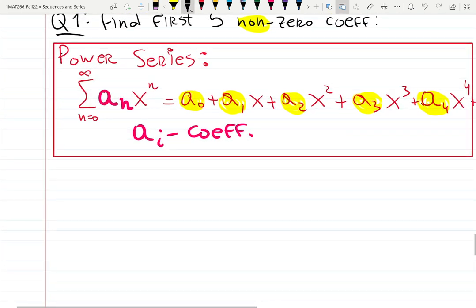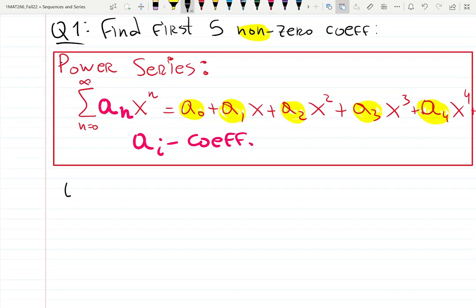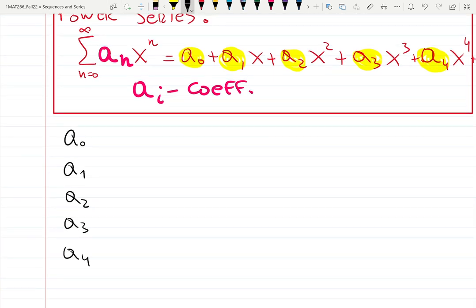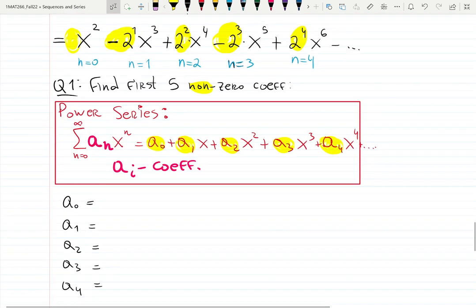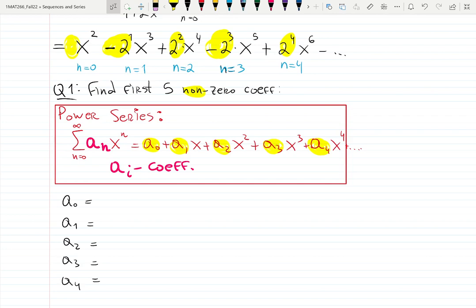The first 5 non-zero coefficients are a sub 0, a sub 1, a sub 2, a sub 3, and a sub 4, equal to 1, minus 2, 2 to the second, minus 2 to the third, 2 to the fourth. The first one is 1, multiplied by x squared.